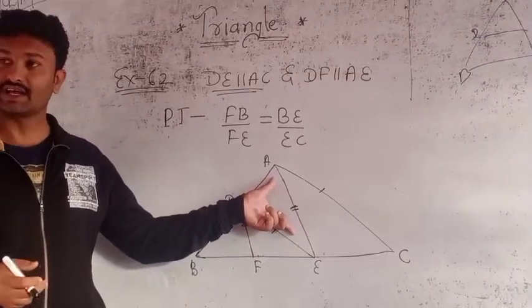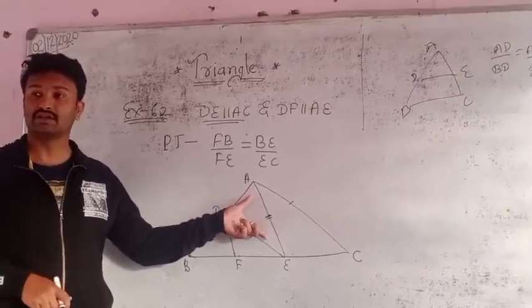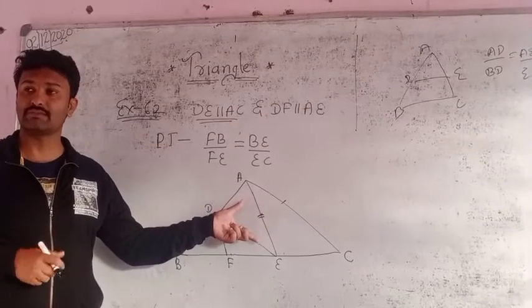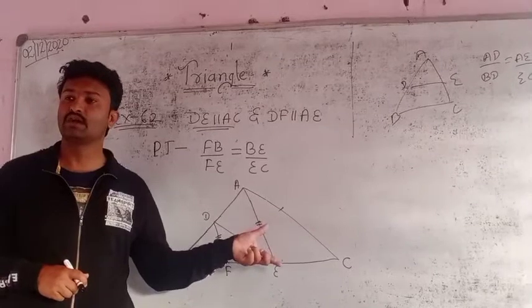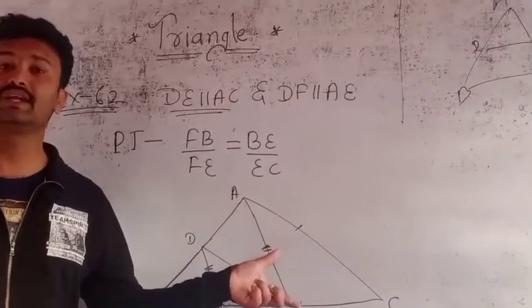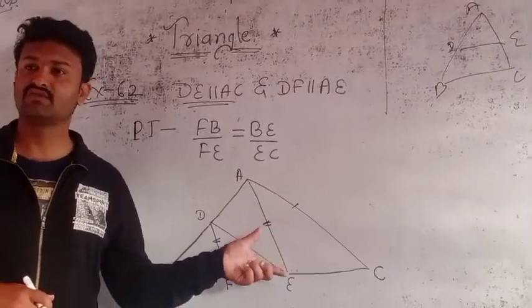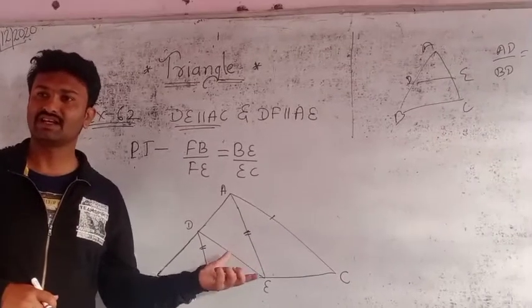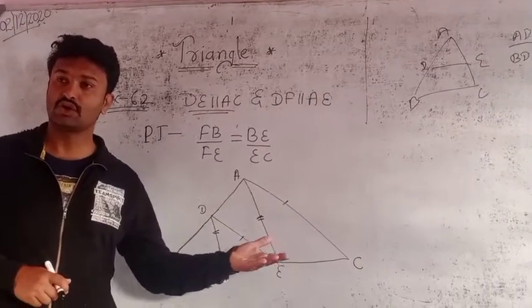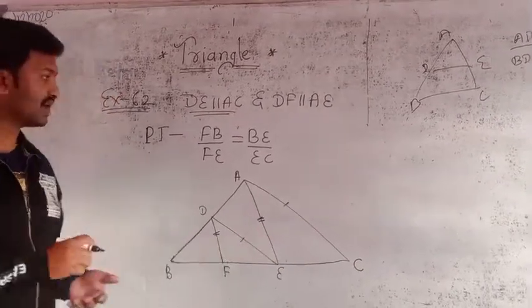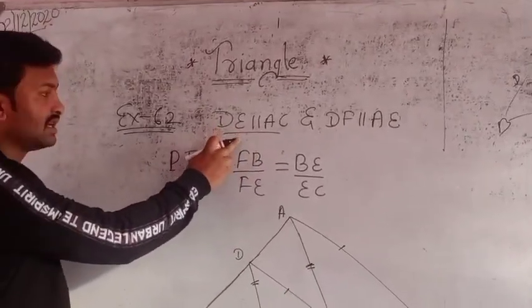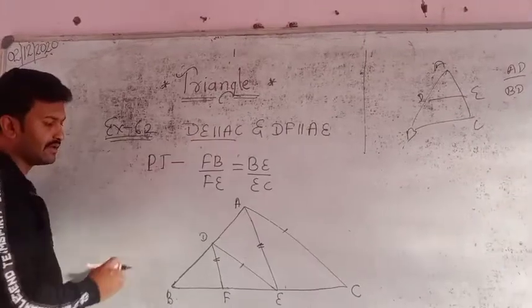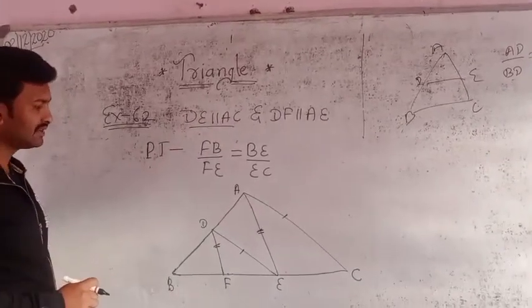Okay. In two triangles, they are given which two sides are parallel. If in one triangle two sides are parallel, we can write the BPT ratio easily, right? If two sides are parallel, we can write the ratio according to BPT. For DE parallel to AC, which triangle do we have to consider here?